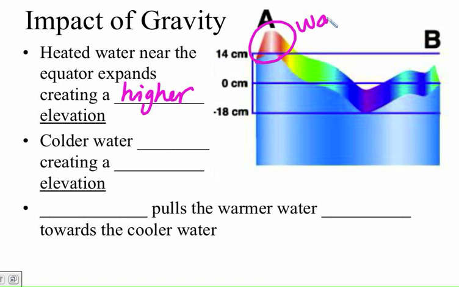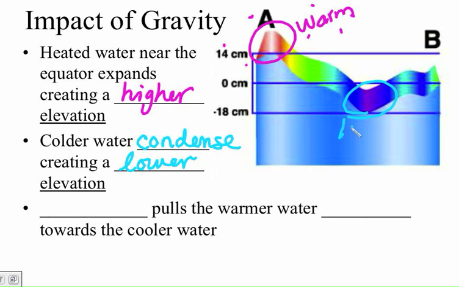Knowing that is the warmer water, those molecules have expanded apart, causing a slight elevation increase. And we see the opposite then with colder water, because their molecules will condense, we see a lower elevation created with that colder water.